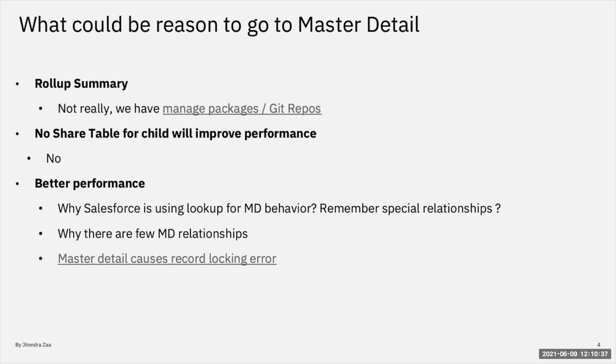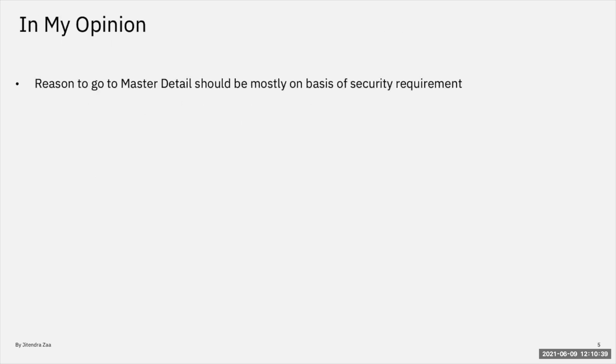So in my opinion, the reason to go to master detail should be mostly on the basis of security requirement, not roll-up summary, not performance, because we have official Salesforce documentation which talks about why the master detail relationship is the problem. Okay.